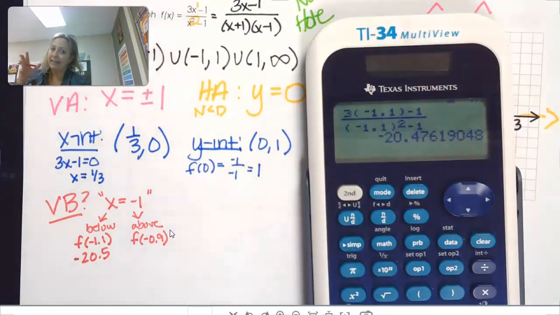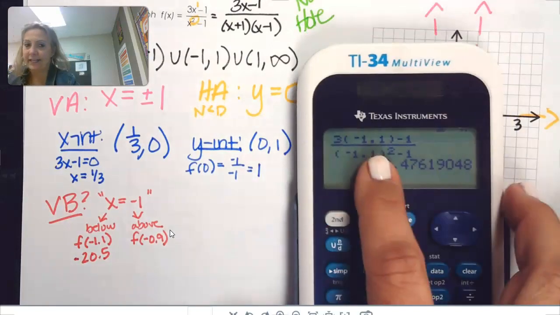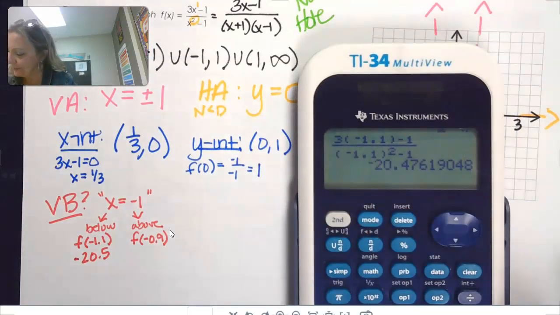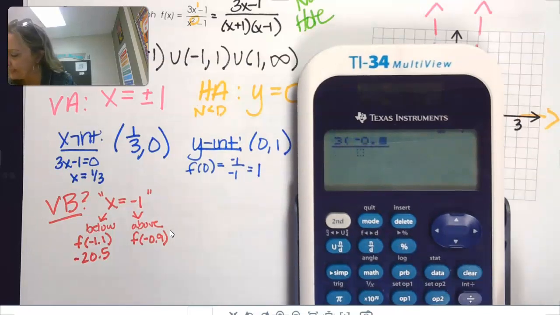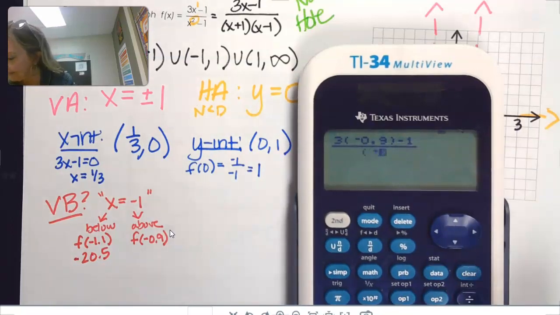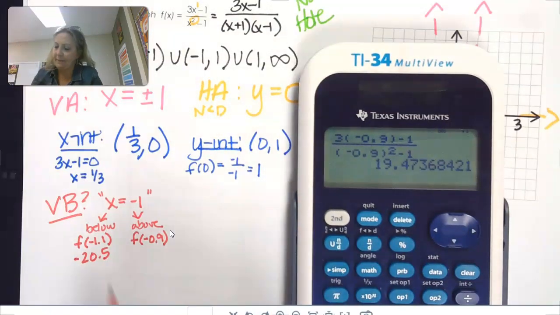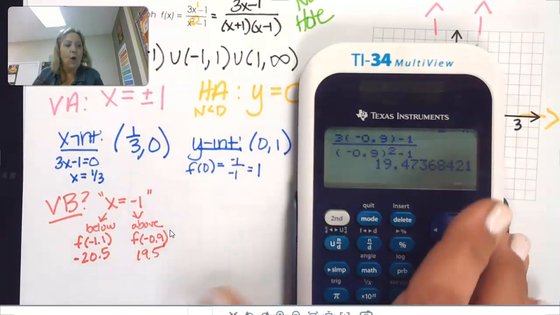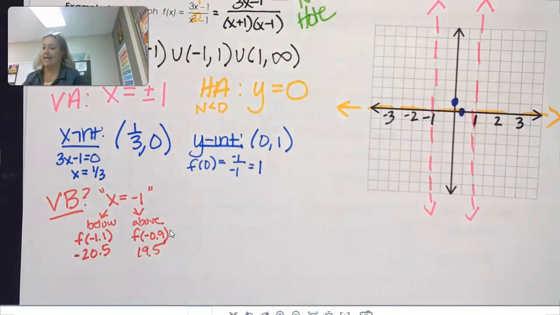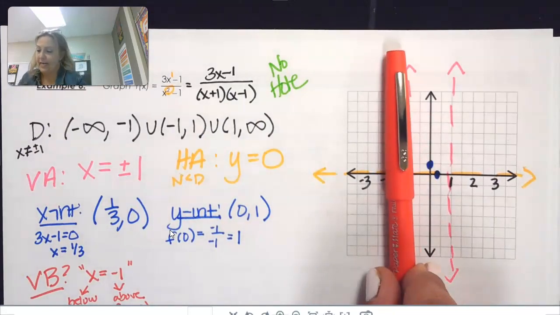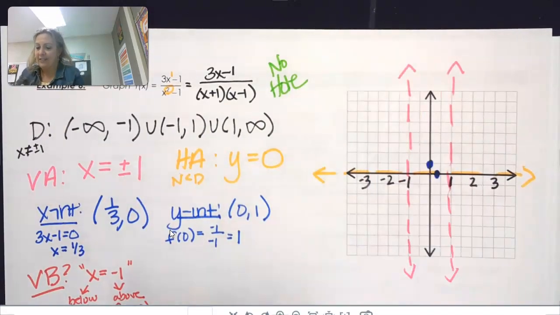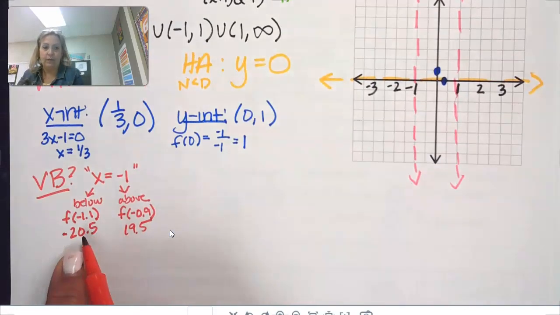Okay, I'm not going to plot that, all right? Now I'll do the same thing with -0.9. So I'll have 3 times -0.9 minus 1 over -0.9 squared minus 1. And that gives me 19.5, okay? What this tells me is that when I look at this asymptote, below that, it's going to be going very low, okay?